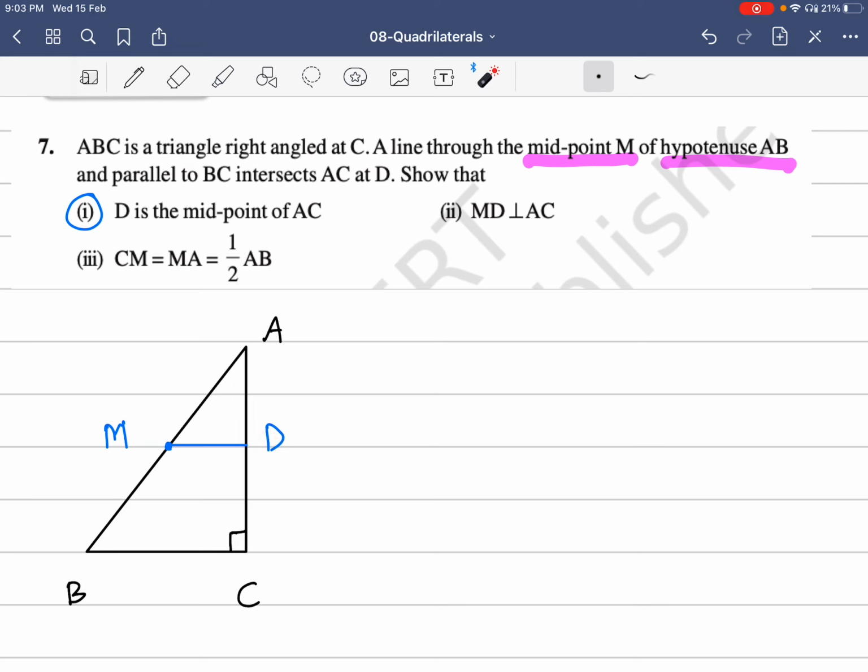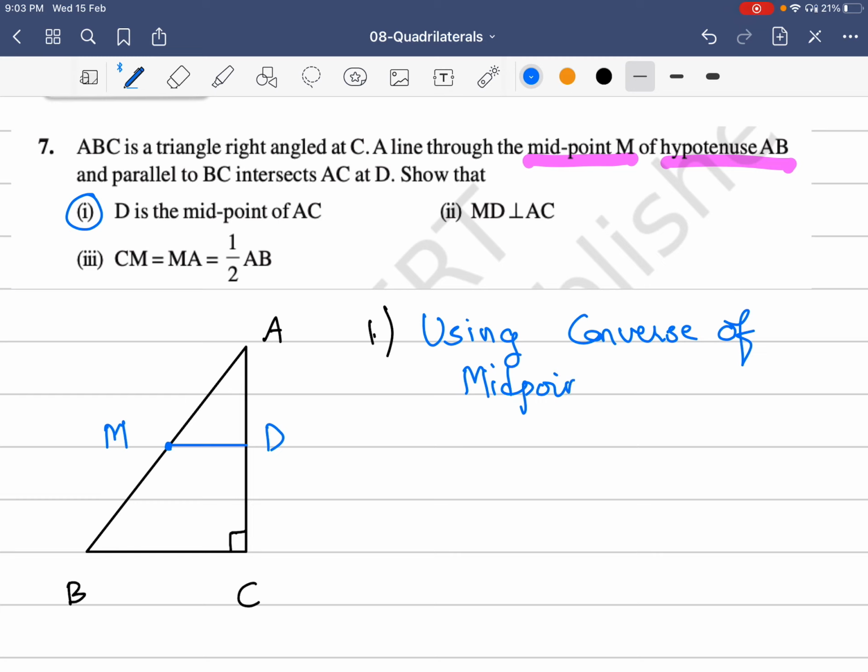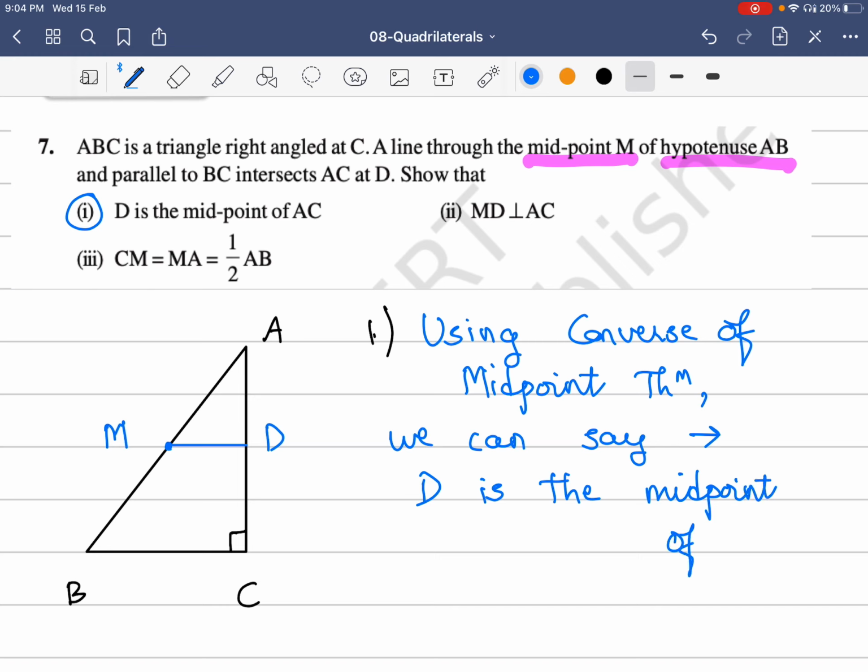This is very obvious because it's a straightforward application of the converse of midpoint theorem. So I'm just going to write here, using converse of midpoint theorem, we can say that D is the midpoint of the side AC.